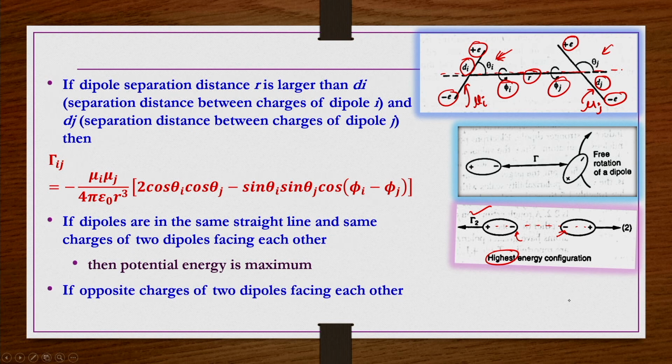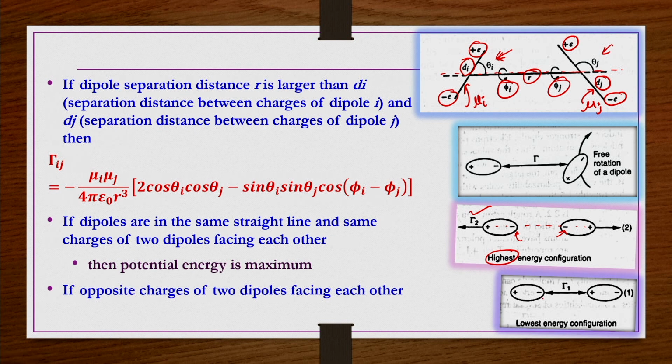Okay. But if opposite charges, still aligned in the same straight line, with plus here and minus here facing each other, then this potential is going to be the lowest one. That one can get from this expression by appropriately taking theta i and theta j.